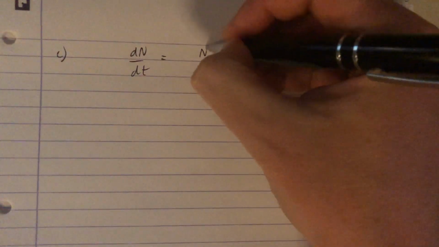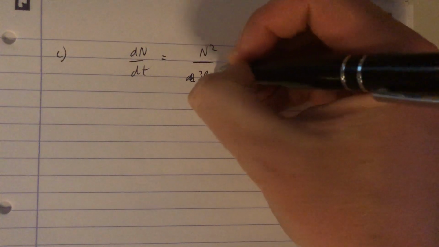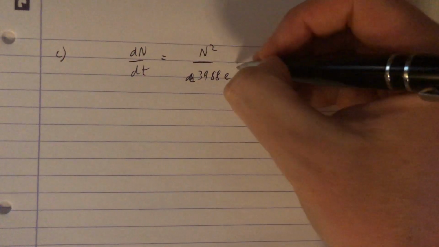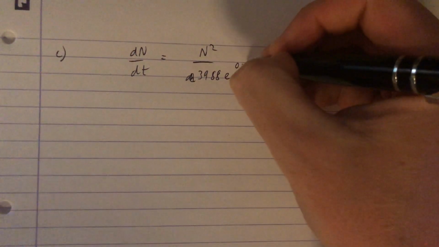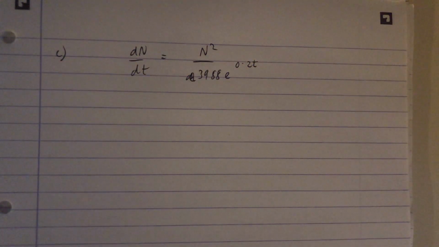So part C is dN/dt equals N squared over 3,988 e to the power of 0.2t, I think.